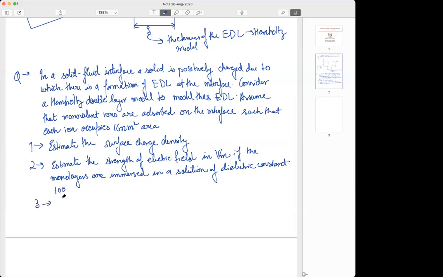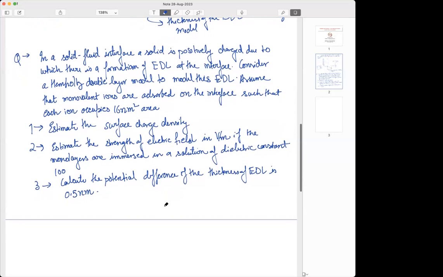And third, calculate the potential difference if the thickness of the EDL is 0.5 nanometer. Okay, sir.